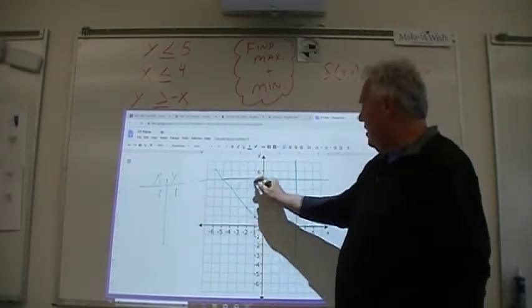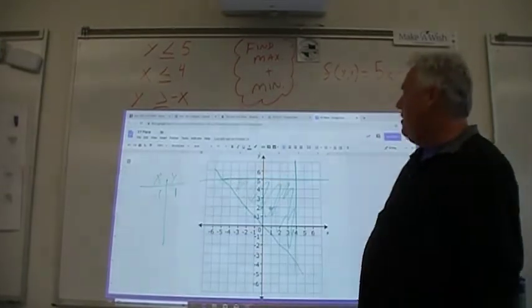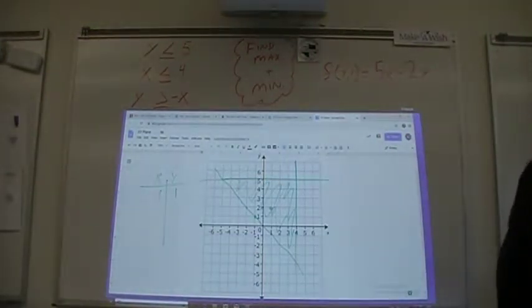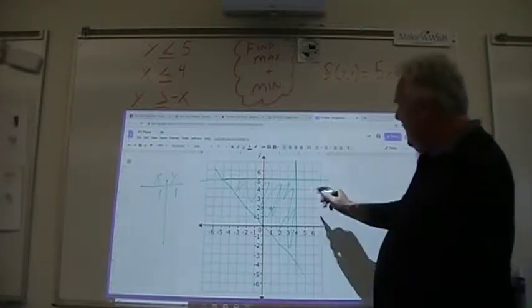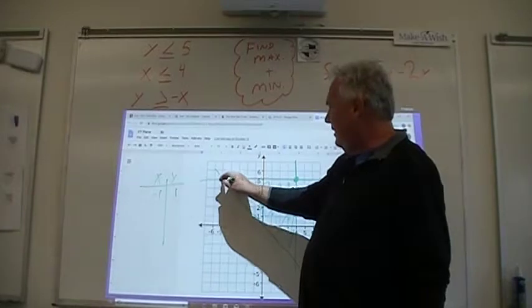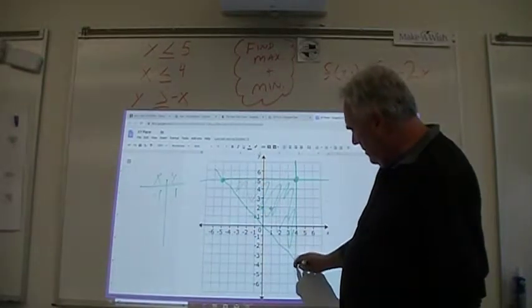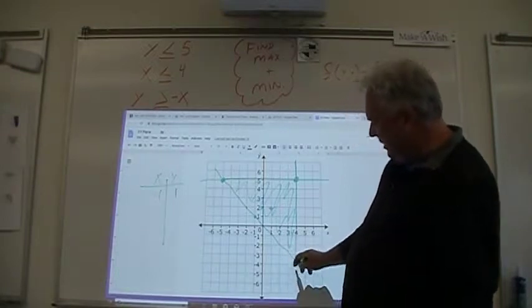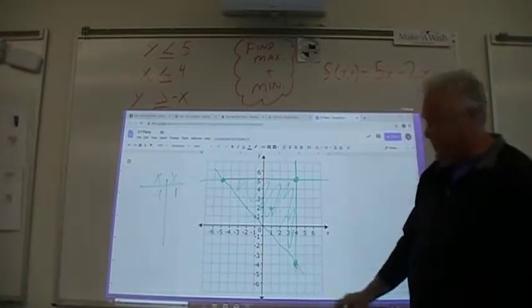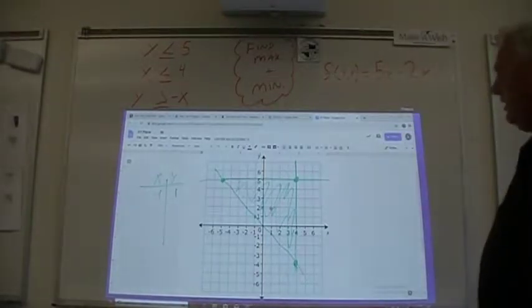So what you've got, everybody, is when you do three lines, you are going to get a triangle. The points that we are going to be discussing and looking at are these 3 points. You've got to make sure you draw the lines right. Where do they cross? Where are the vertices on this?